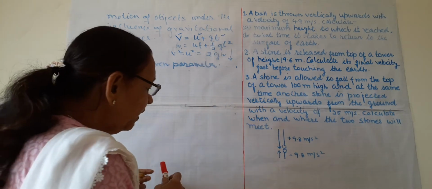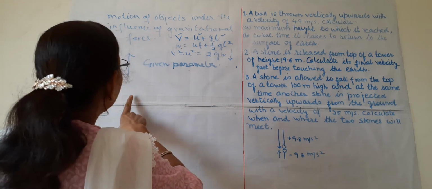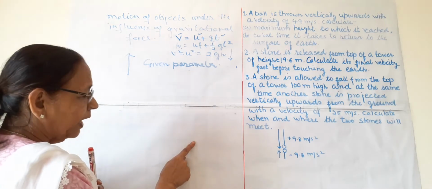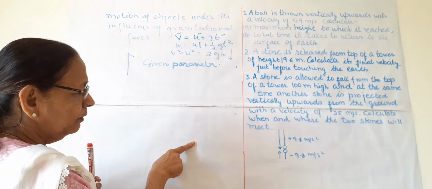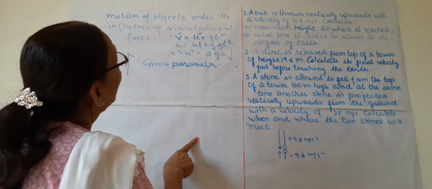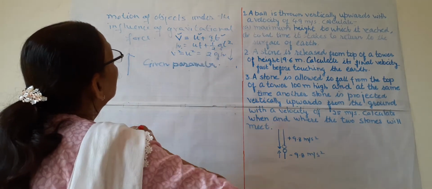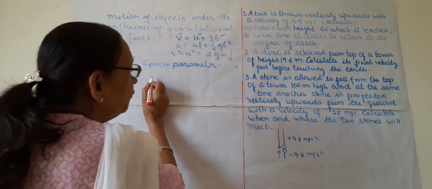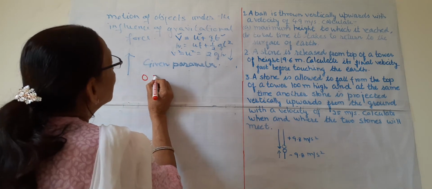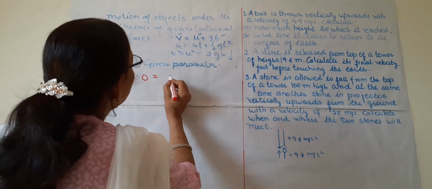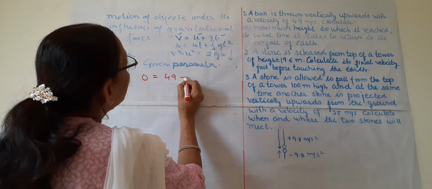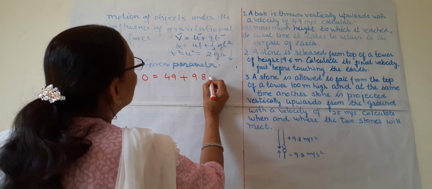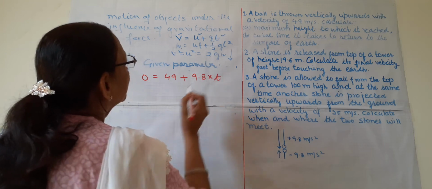Yes, for time we will take this equation, v is equal to u plus at. V we know is 0. 0 is equal to u is 49 plus g is 9.8 into t.